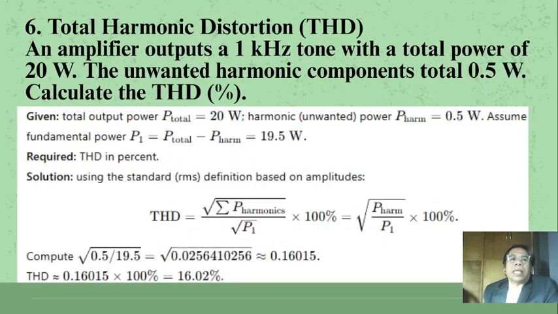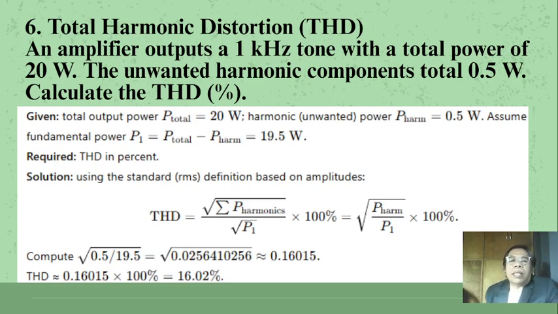Next, number 6, the total harmonic distortion. An amplifier outputs a 1 kHz tone with a total power of 20 watts. The unwanted harmonic components total 0.5 watts. Calculate the total harmonic distortion in percent.